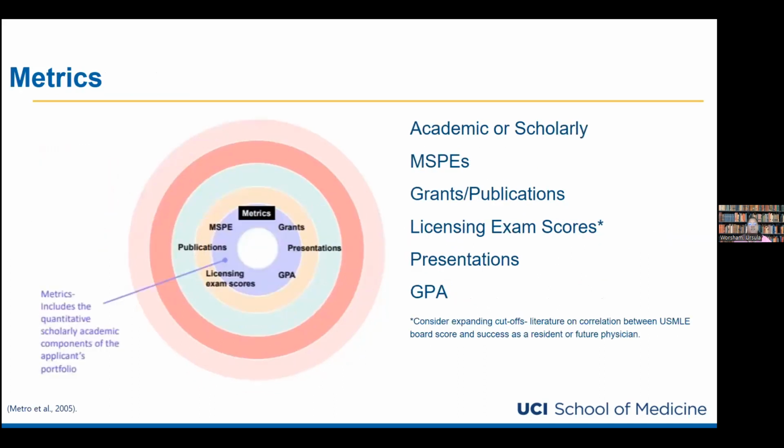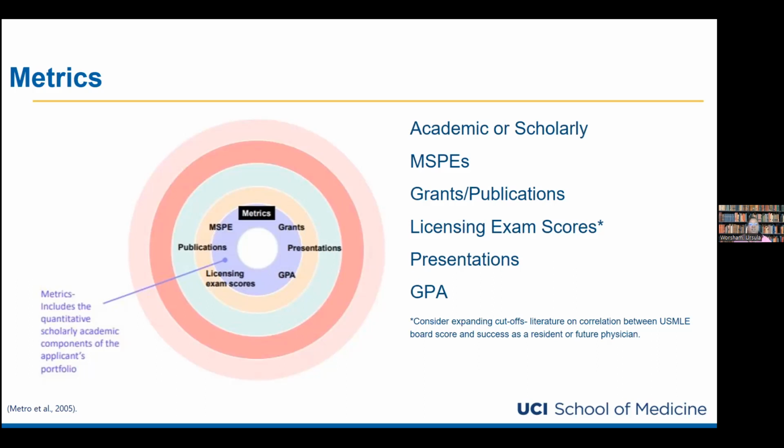And the metrics, the very common metrics that we are often aware of and think of when we think of evaluating candidates, are the core of the EACM model. Once again, we're not looking at these metrics exclusively, but in concert with the experiences, the attributes, and the competencies. These refer more to the dean letters, USMLE exam scores in the past, or pass-fail moving forward, publications, presentations, and of course, overall GPA.